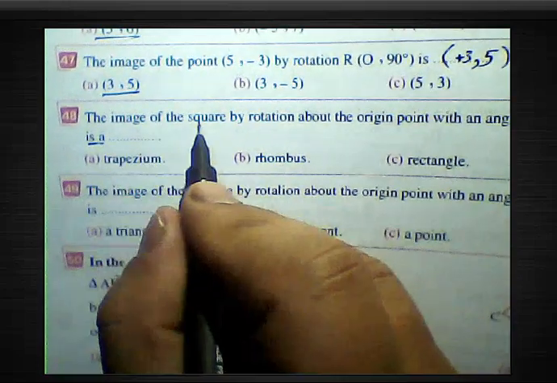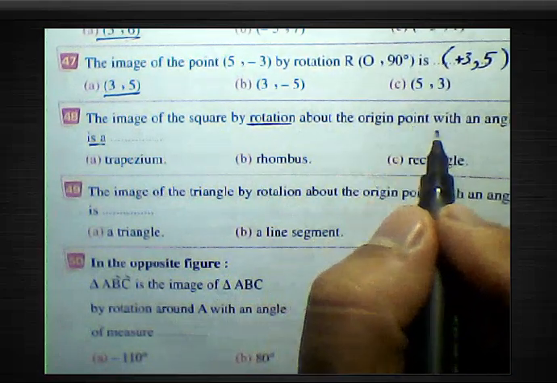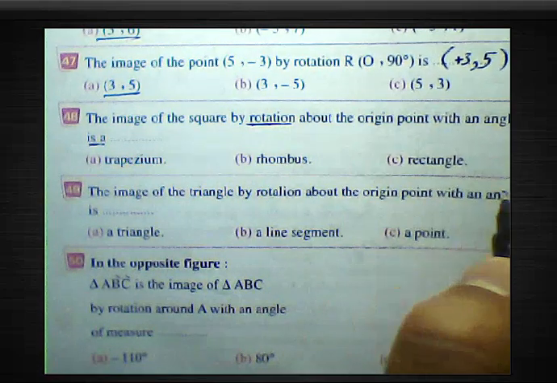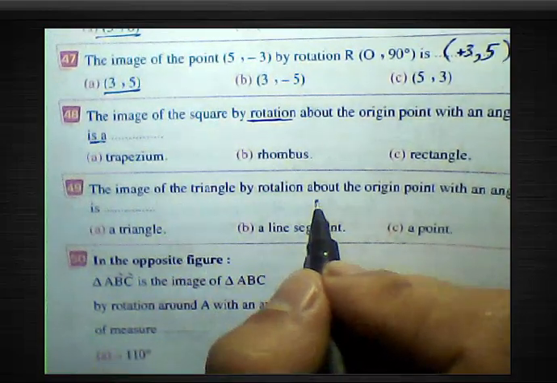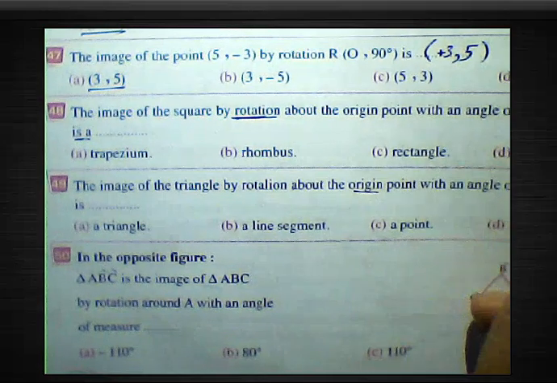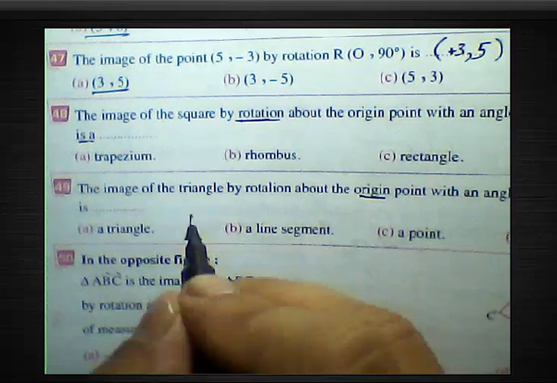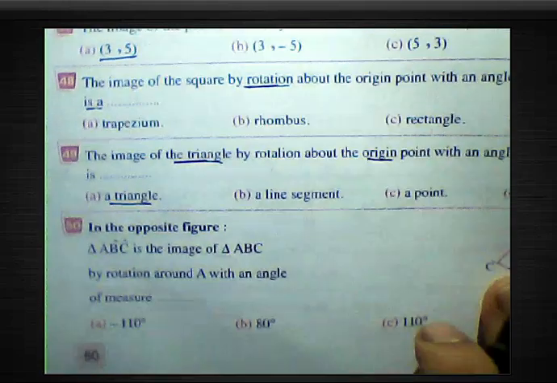The image of a triangle by rotation about the origin point with an angle of 180 is a triangle.